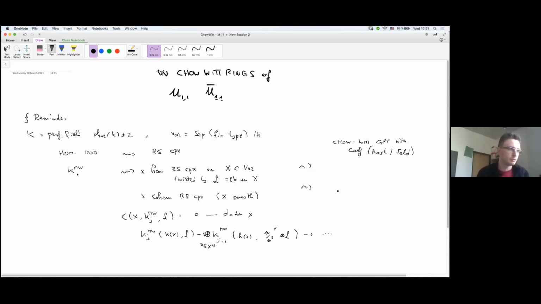And we will only deal with cohomological groups today. So I will just write this: H^i(X, K_j, L) is defined to be the ith cohomology group of the complex associated to X, K_j, and twisted by L.